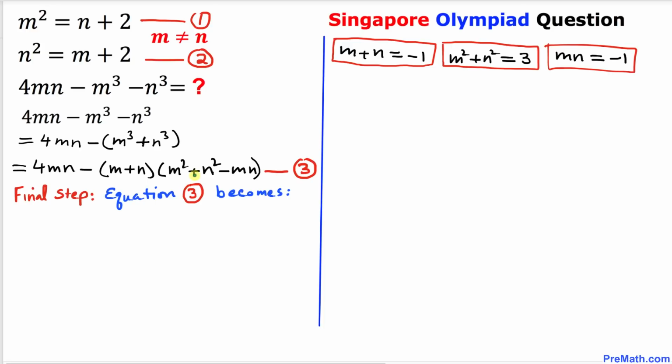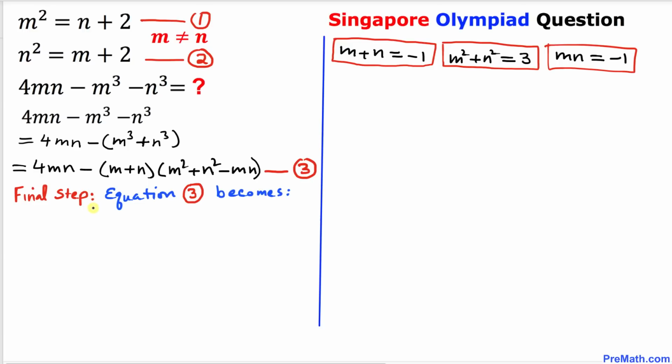And here's our final step. Let's substitute these values. I'm going to replace mn by −1, m + n by −1 as well, m² + n² by 3, and once again mn by −1.